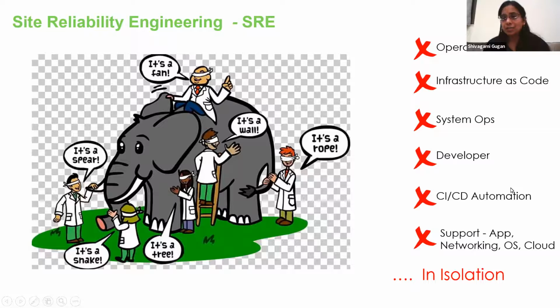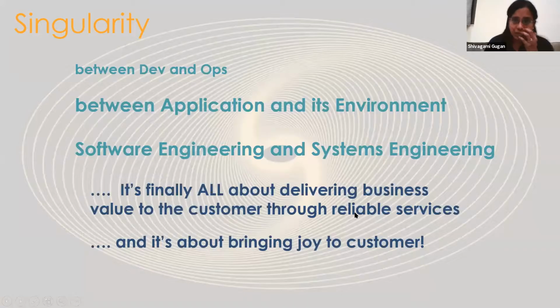And here the point is that these in isolation, for example, infrastructure as code, or CI/CD automation, or cloud migration, are not site reliability engineering. Site reliability engineering is a phenomenon where we are establishing a continuum between dev and the ops side, between the application and its ecosystem, bringing software engineering aspects into operations, bringing operational aspects into software engineering.